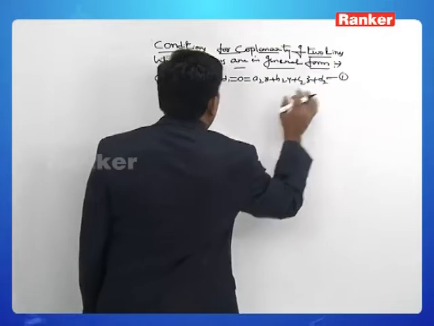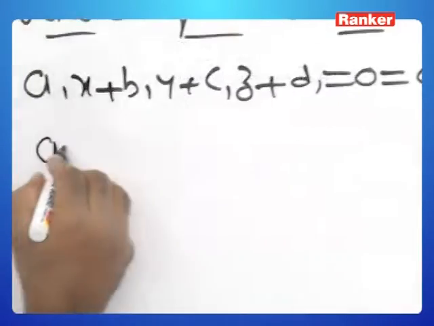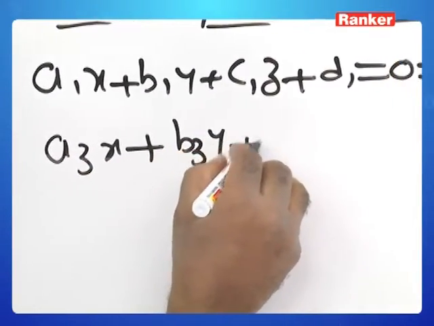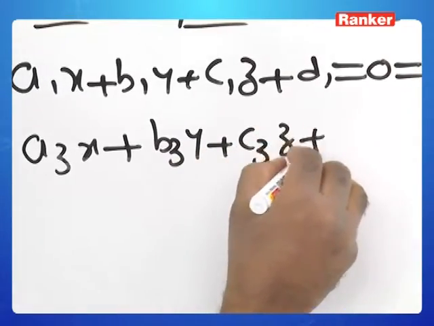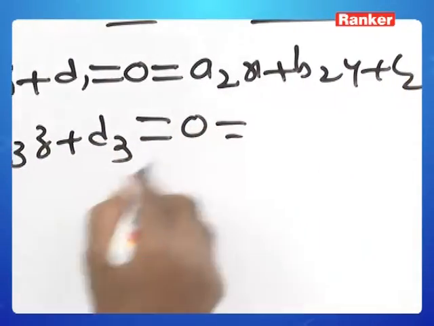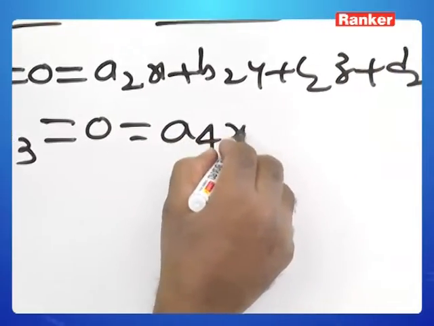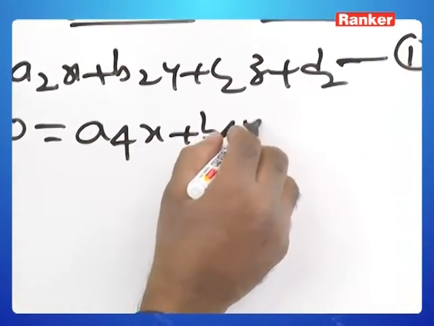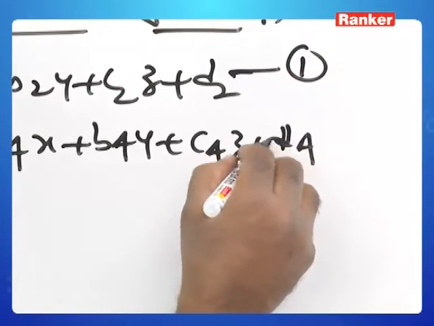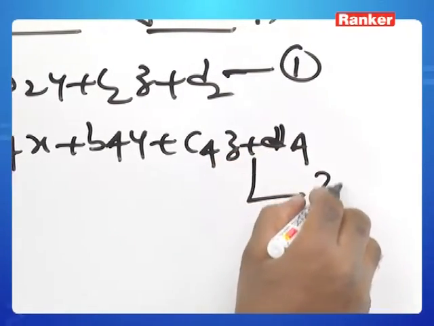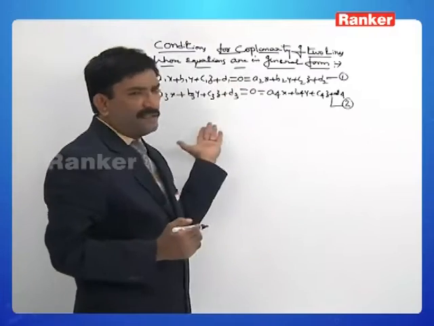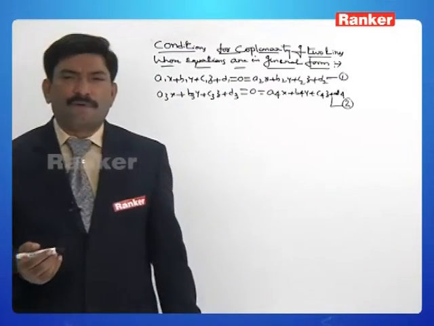Now, the other line is A3x + B3y + C3z + D3 = 0 = A4x + B4y + C4z + D4, you call it the second equation. This is the first line, this is the second line. They are given in general form.